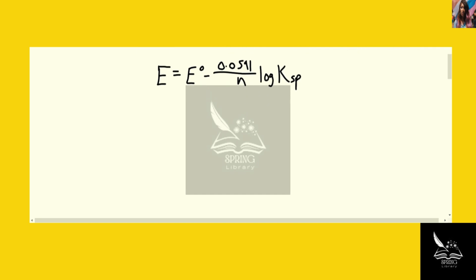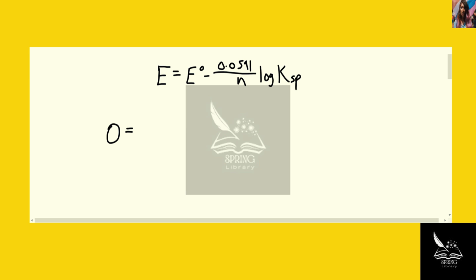And at equilibrium, we know that the value for the cell potential E is 0. And we have a value for the cell potential at standard conditions, so we have everything that we need to solve for K.